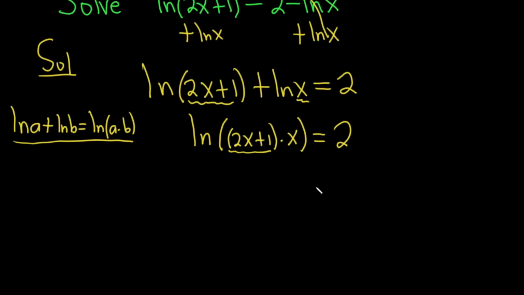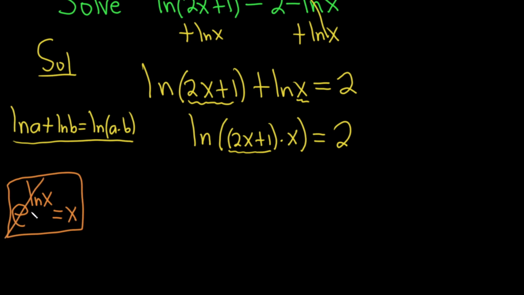So now we can get rid of the logs by recalling another very powerful formula. It says if we have e to the natural log of x, that's equal to x. This is super useful to know. This is basically true because the exponential function e to the x and the natural log of x are inverse functions. This is actually the composition of the two, and they undo each other.